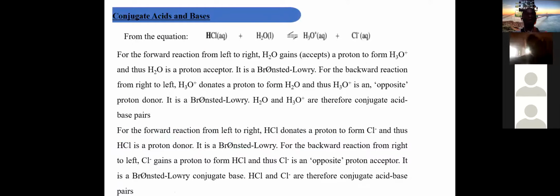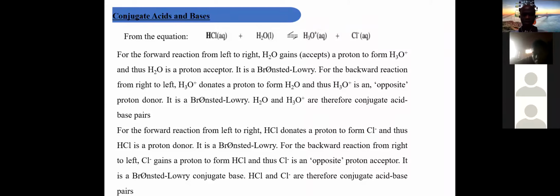So I said this, and then I wanted to talk about the next thing, the conjugate acid base pair, conjugate acids and bases. If you take your past questions, many times under acid base and salt, students are asked to define what is meant by the conjugate acid of a base, or what is meant by the conjugate base of an acid.